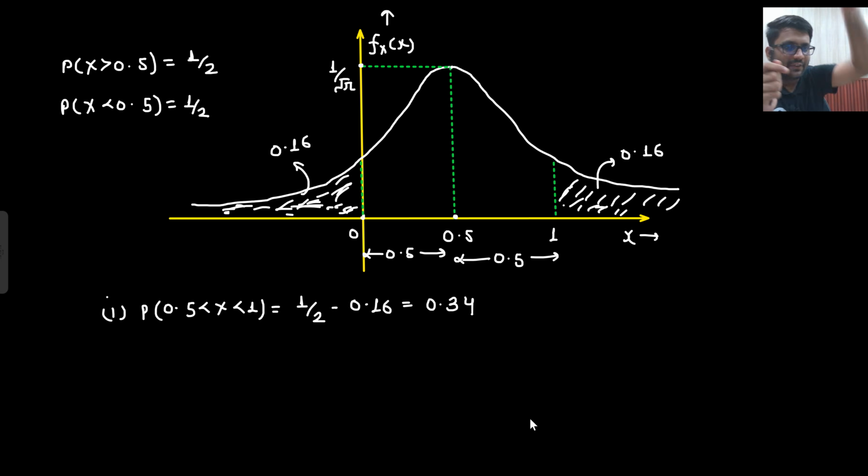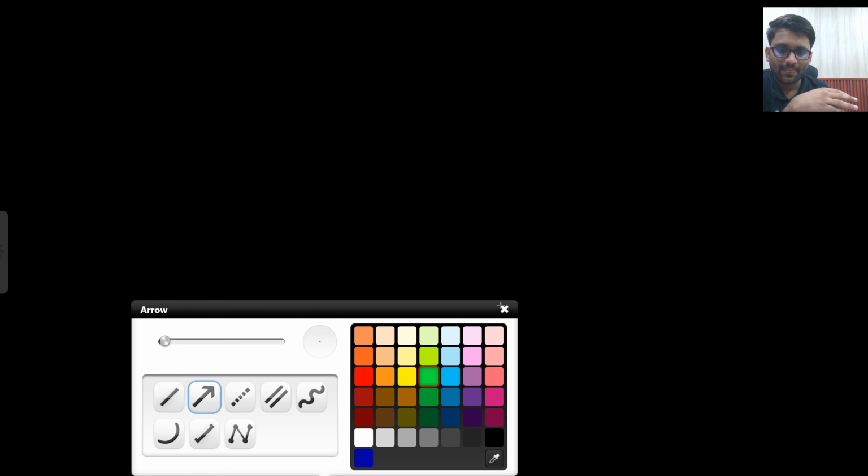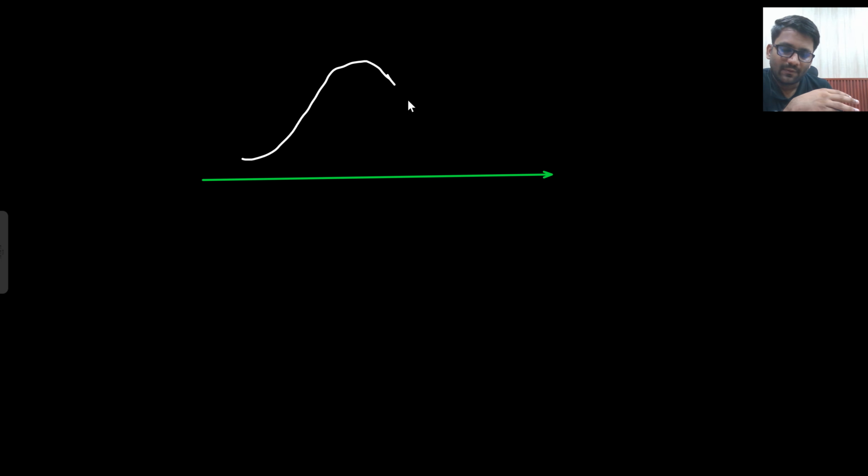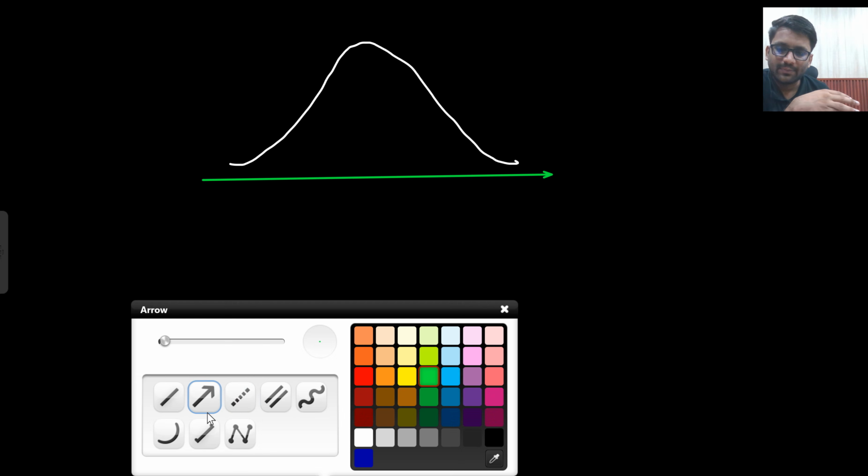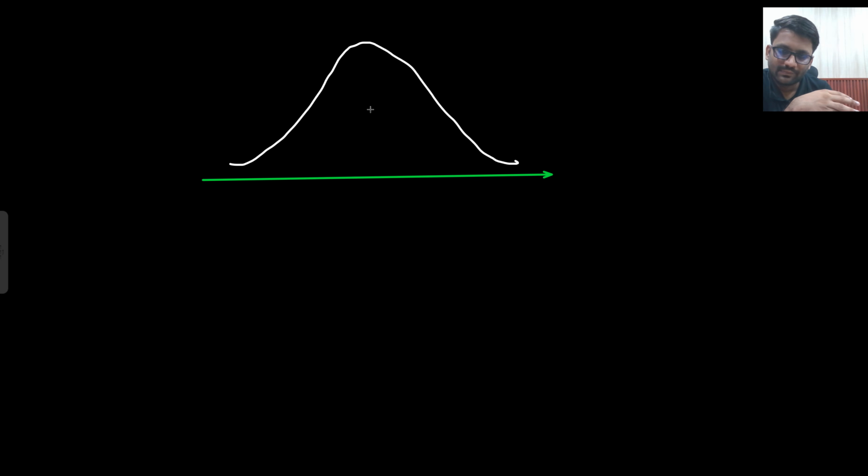I told you the graph is symmetric about mean. So let me draw the graph again. I will draw this kind of graph. Let's just say this is the mean, which is mu x.